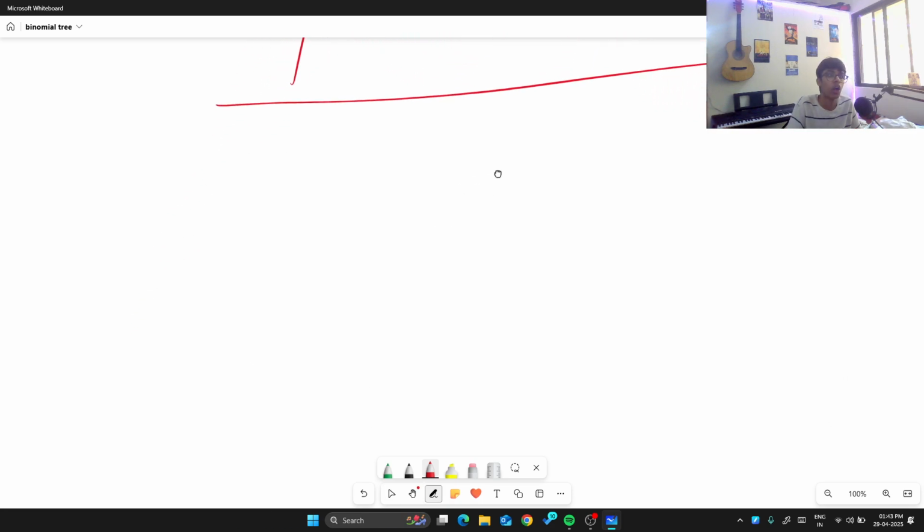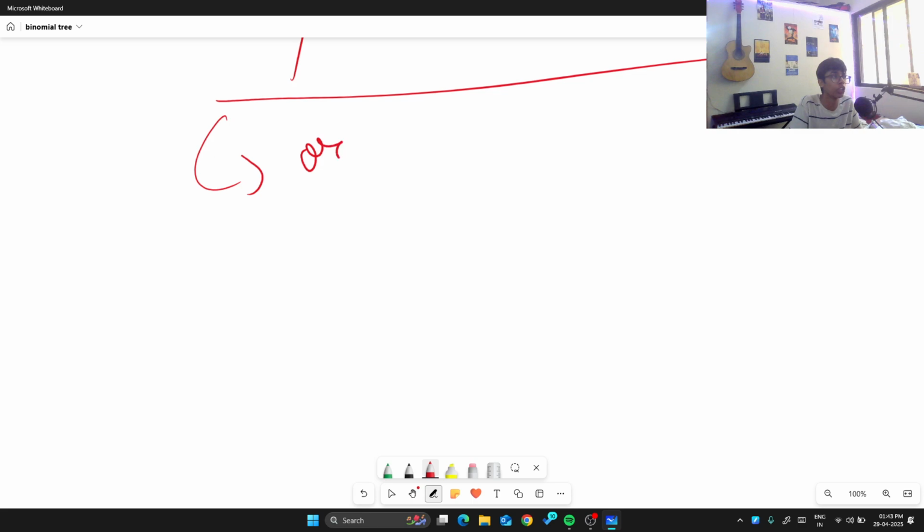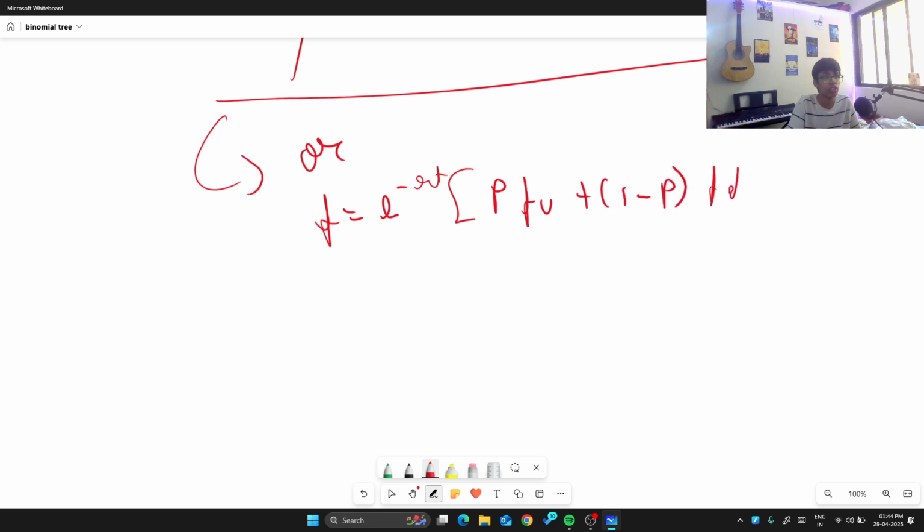And there is a second concept, or I will tell you later how it is derived. It is easy. We discount it, and P is the probability of going up, plus 1 minus P, the probability of going down, times f, and discount it. That's simple.